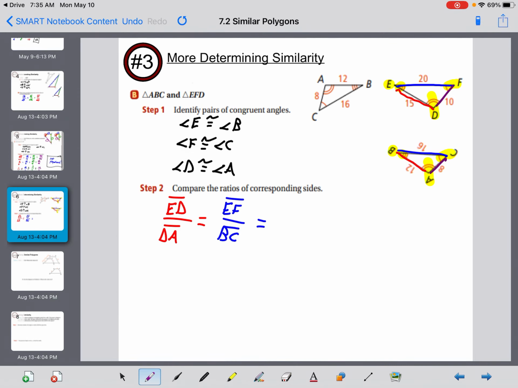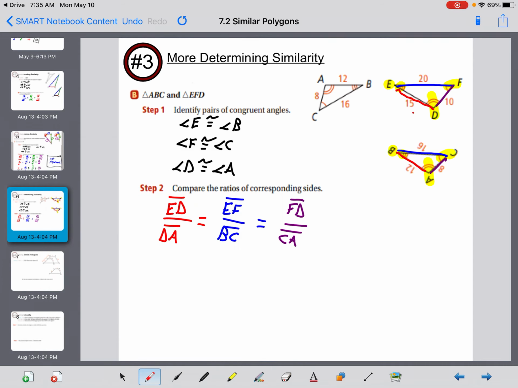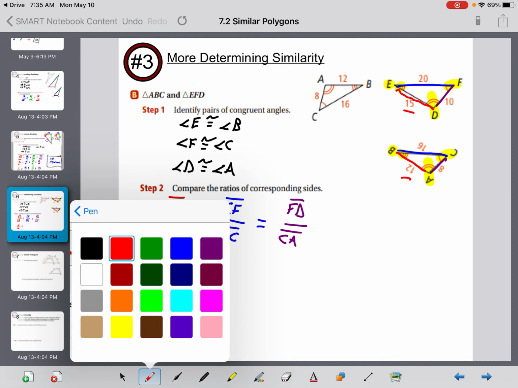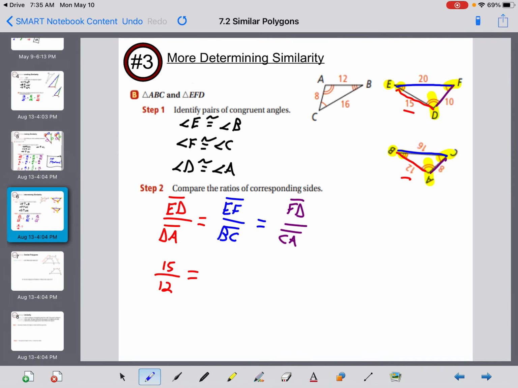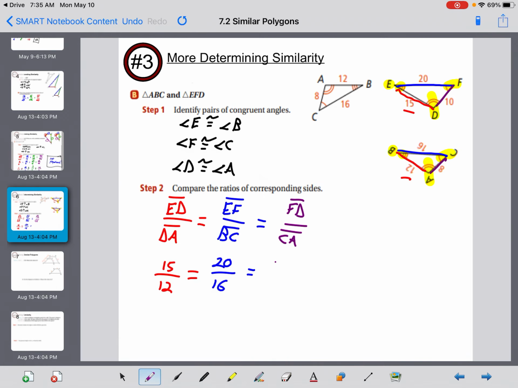And then we have FD proportional to CA. Okay, so let's use the numbers that they give us for each of those. ED is 15 over 12. EF with our blue lines, we have 20 over 16. And we have FD over CA, which is 10 over 8.